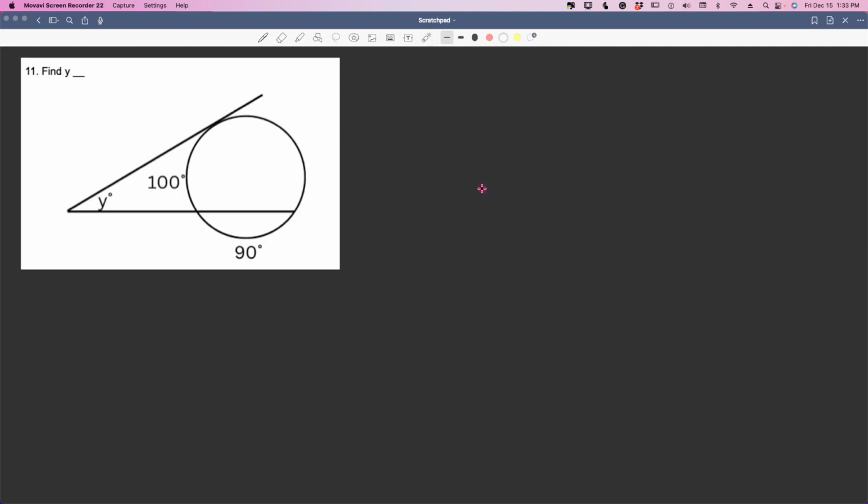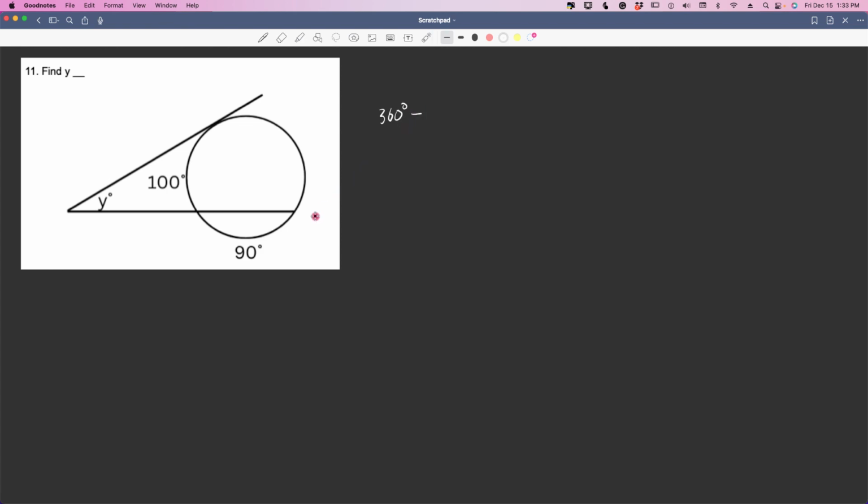So this problem, number 11, says to find y, and this is y right here. Now, in order to find y, you've got to know what this arc is, and it tells you it's 100, and you've got to know what this arc is. And we know that a circle is a full 360 degrees, right?